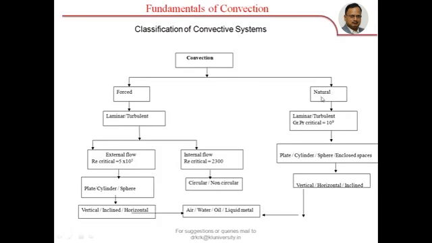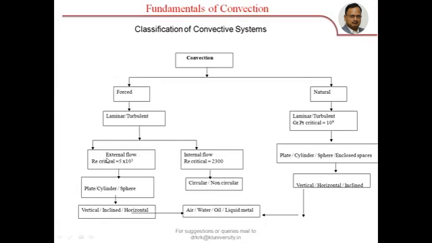If the fluid is at rest, we call it natural convection. Again, in forced convection, you have two categories, laminar and turbulent. Laminar and turbulent again coexist in external flow and internal flow.